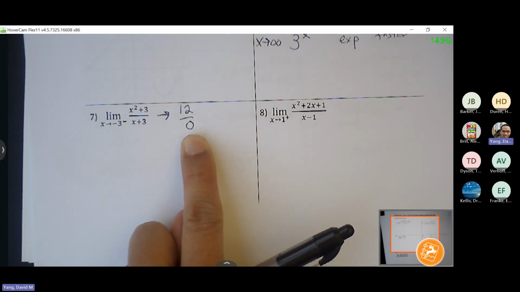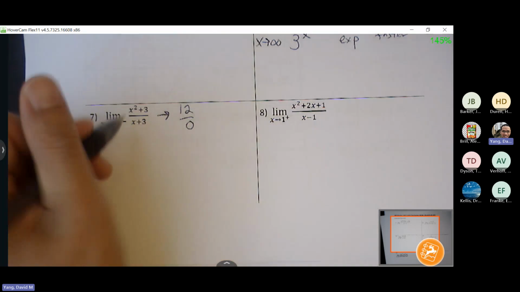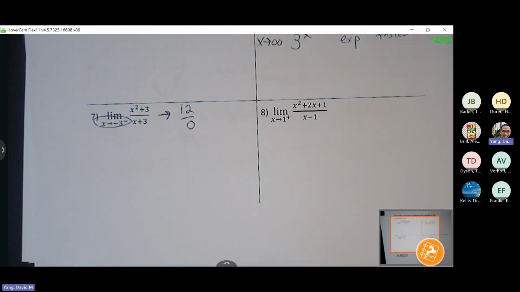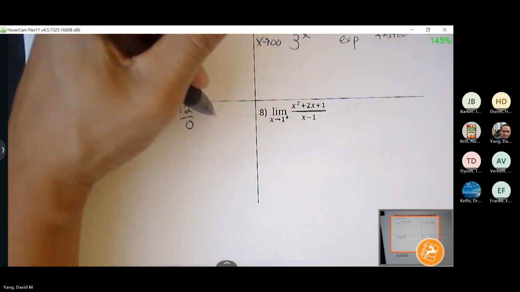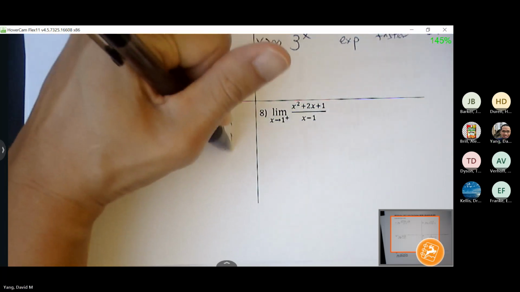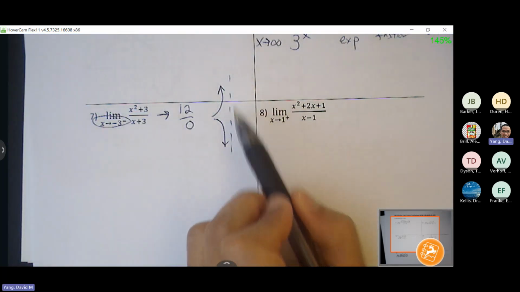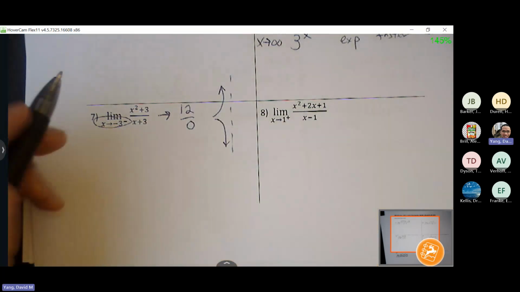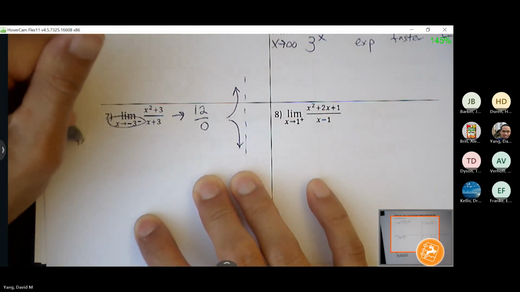The full limit doesn't exist, but it's only asking about the approach from the left of the asymptote. So it's either doing one of two things, right? Either going to go up to positive infinity or it's going to go down to negative infinity. So this is where we test decimals.